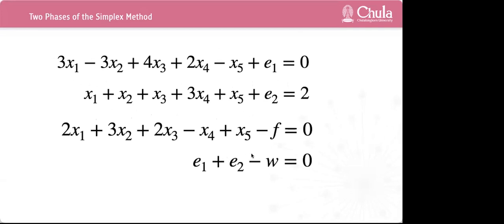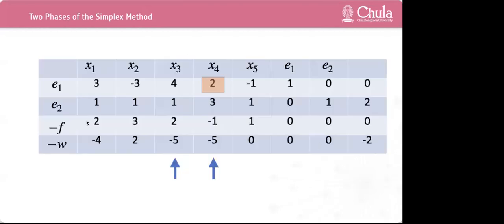And of course, we define a new objective function W as E1 plus E2. Then we write the table again. But at the first phase, our objective is to eliminate E1, E2 from our linear programming.